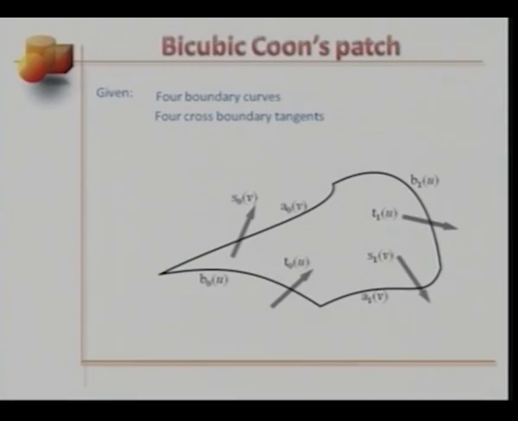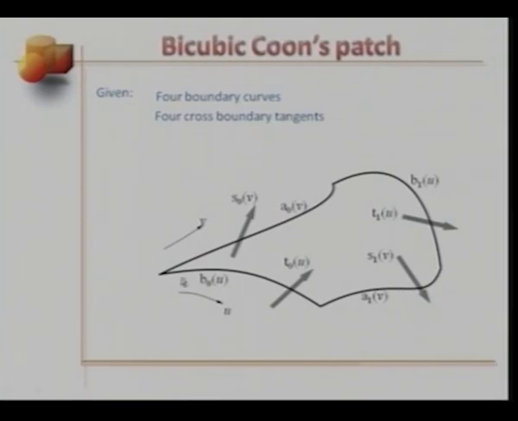We are going to be doing something very similar here. As we did in case of bilinear Kunz patch, we will create 2 lofted surfaces, R1 of UV and R2 of UV, and we'll subtract a correction surface from this sum.